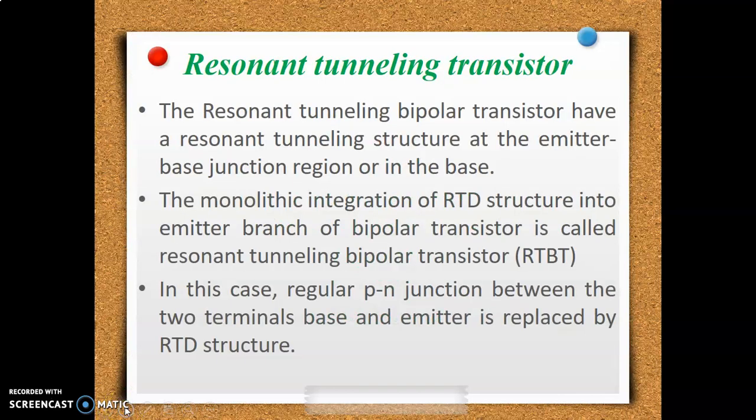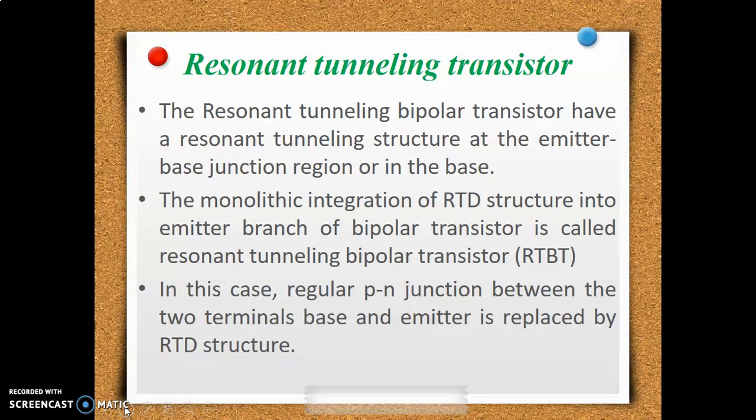In the last class, we learned about the resonant tunnel effect and resonant tunnel diodes. Here, we are going to learn about the resonant tunneling transistor. The resonant tunneling bipolar transistor has a resonant tunneling structure at the emitter-base junction region or in the base.